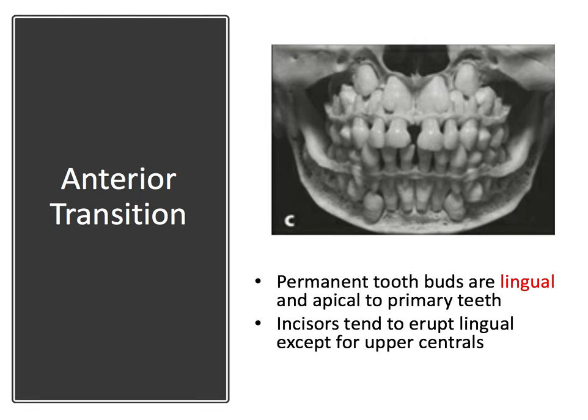All incisors tend to erupt lingual to their primary teeth, except for the upper central incisors, which are pushed labially by the tongue as they erupt. The canines also tend to erupt labially, and they can also erupt laterally to increase the width of the arch. We'll talk more about arch development at the end of this video.